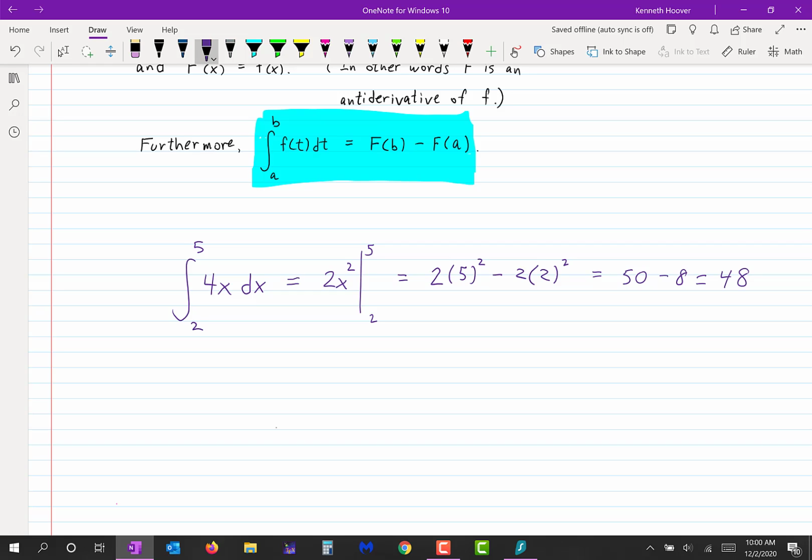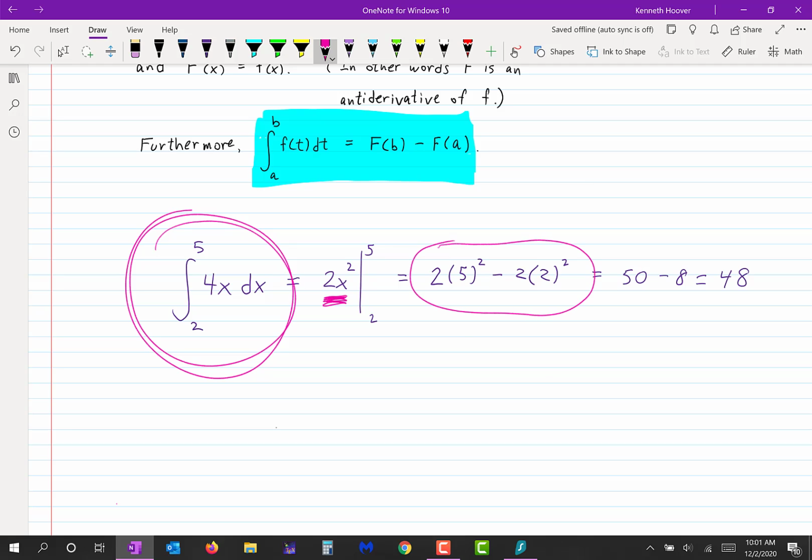So I told you, I said that's how you do a definite integral. You find the antiderivative, and then you plug in the 5, and then you subtract, and you plug in the 2. Okay? What we've done today is I just proved that formula for you.